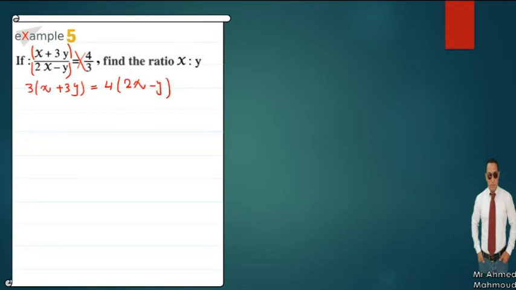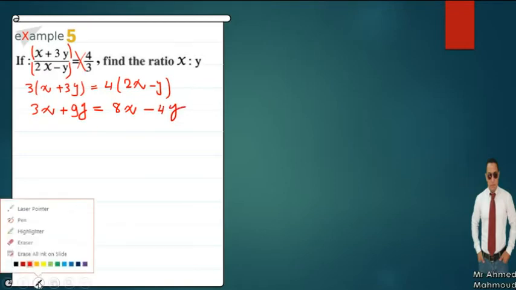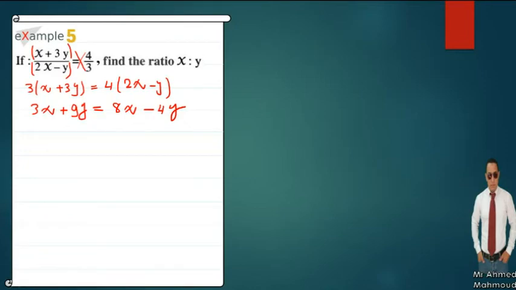Now I will distribute: 3 times x equals 3x, plus 3 times 3y equals 9y, equals 4 times 2x equals 8x, minus 4 times y equals 4y. Okay, now I'm going to collect the like terms together. How come? I will send negative 4y to the left side with 9y and send 3x to the right side with 8x.